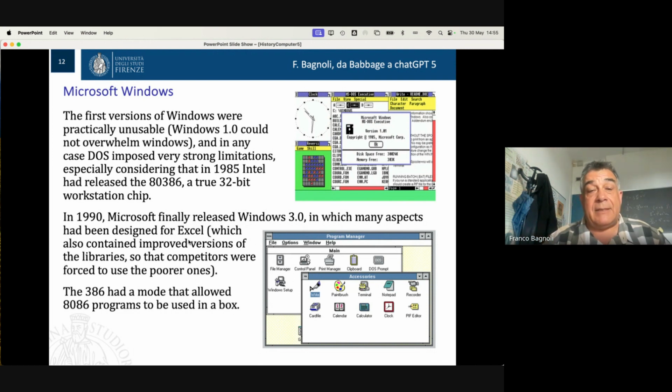I remember that at that time, when you installed Excel, it also replaced a lot of functions from the standard Windows, so that if you wanted to use another spreadsheet like 1-2-3 or others, you had worse performance, because the improved libraries were provided with this application.